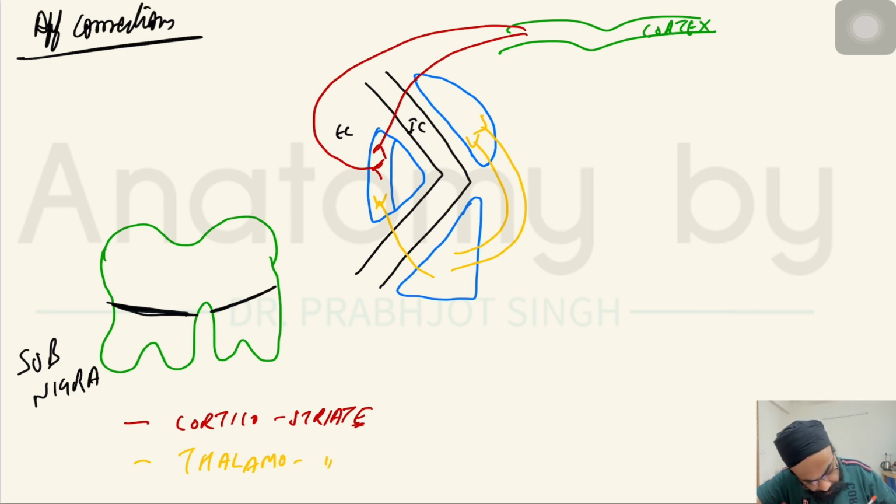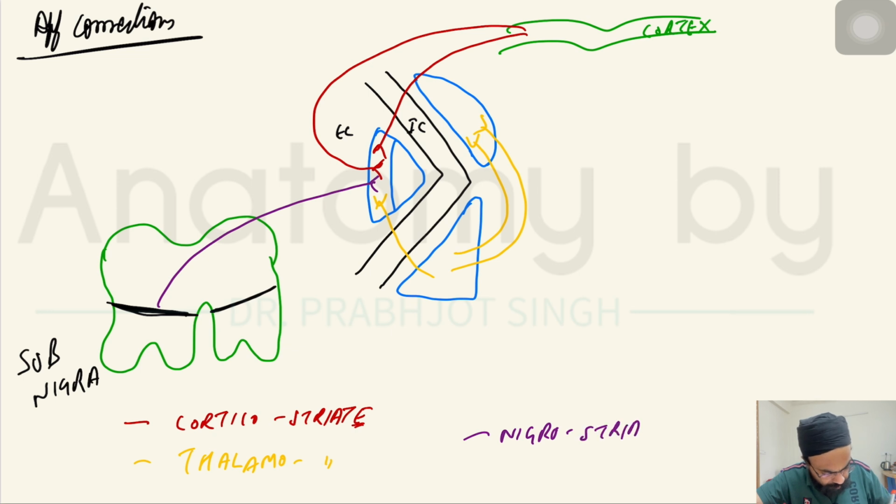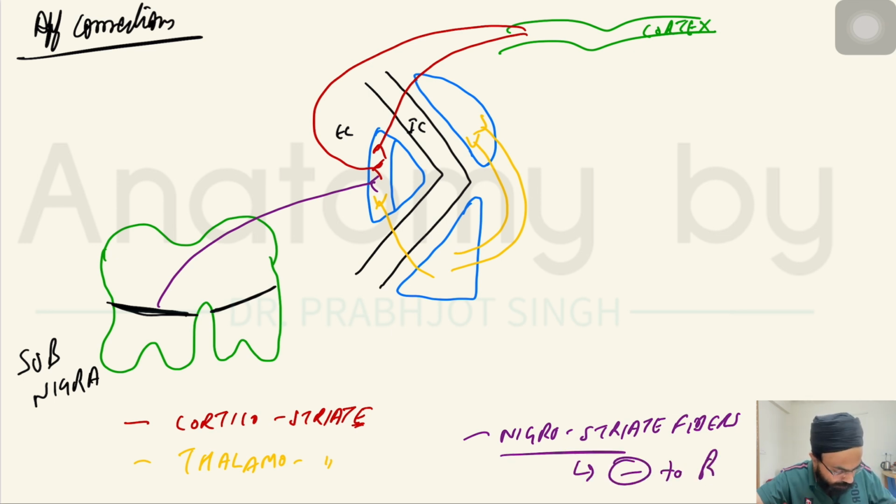From substantia nigra also, the signal is relayed into the putamen. These are known as your nigrostriate fibers. Remember that nigrostriate fibers are inhibitory to basal ganglia. Substantia nigra works to stop the action of the basal ganglia.